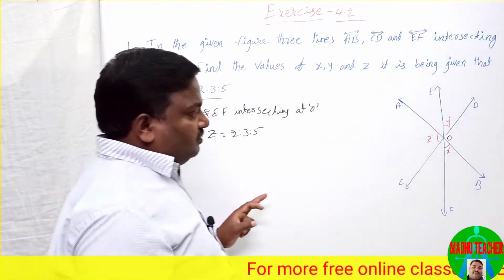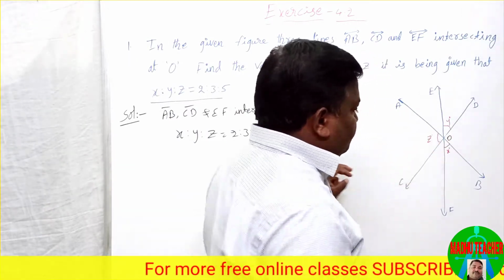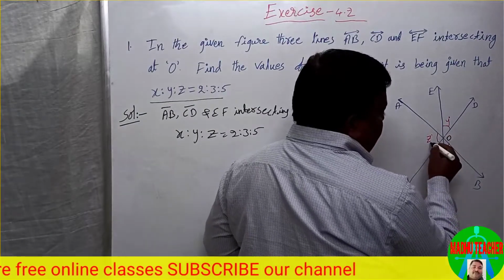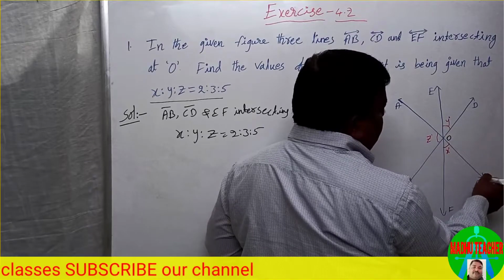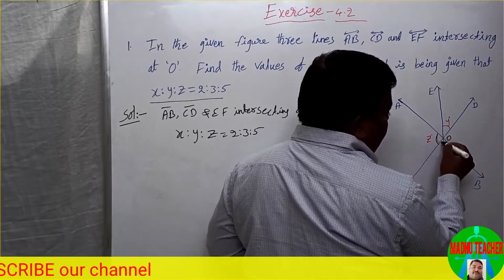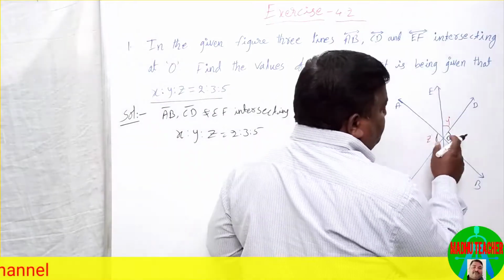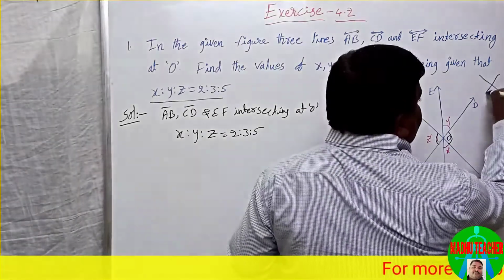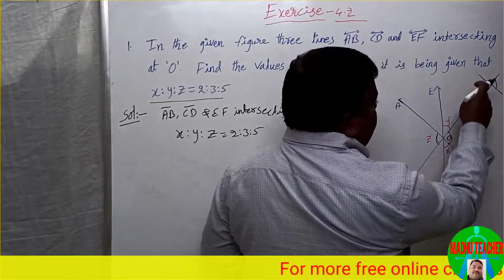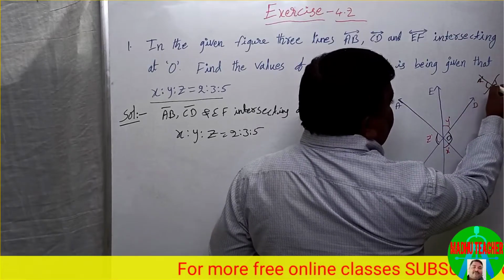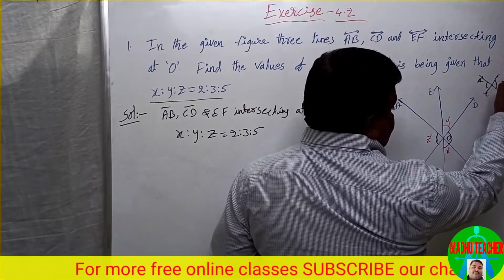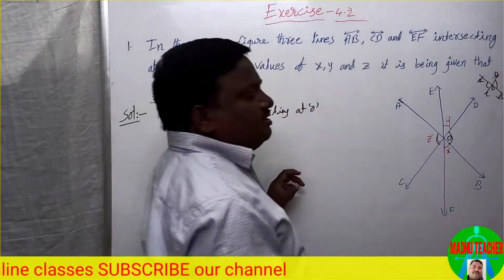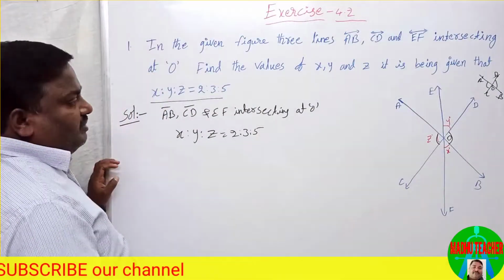Before that, these two angles: angle AOC is Z, and angle AOC equals angle BOD. This angle equals this angle because these two angles are vertically opposite angles. This is angle AOC and this is angle BOD.